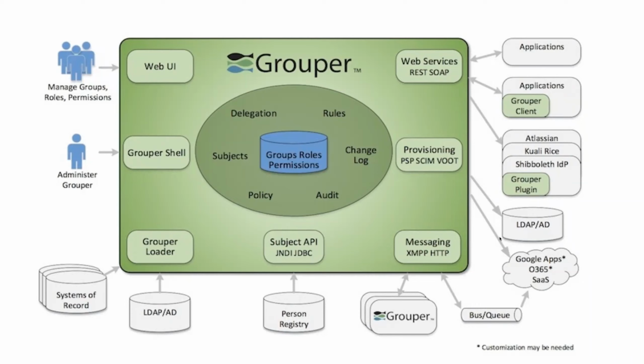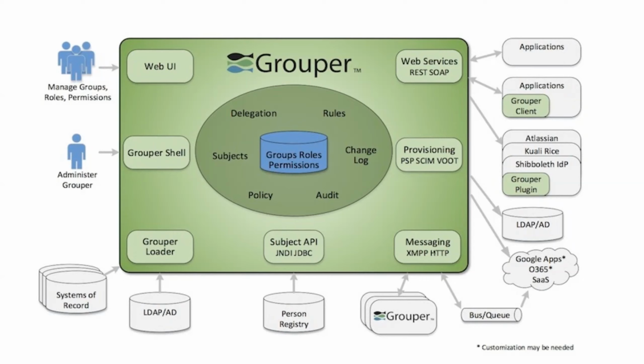So in our case, we provision the group information to AD. And Grouper can also have built-in plugins that reach out directly to certain applications and services. We utilize that with Duo. We don't actually go to LDAP first with Duo. We just go straight to Duo and provision the group information there, and that's for multi-factor authentication.